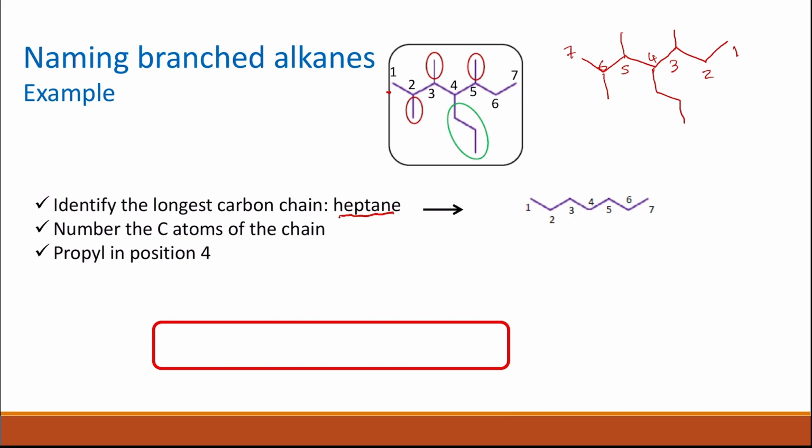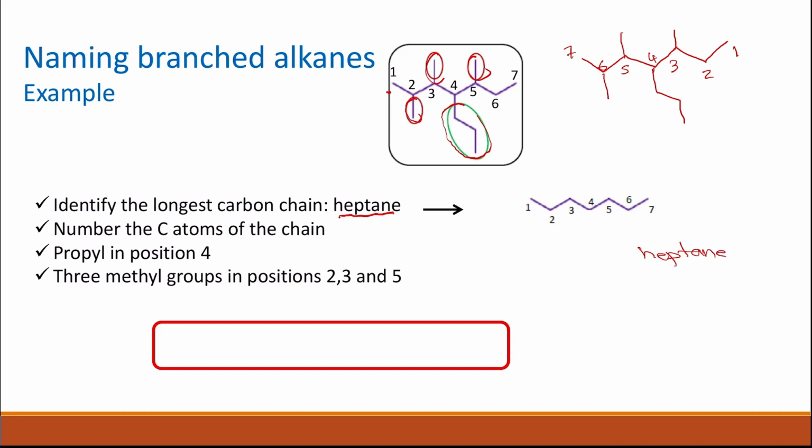So when we named the compound and numbered it from the left, we had a propyl substituent on carbon number 4, and we had three methyl groups on carbons number 2, 3, and 5. So let's name this one first. When we name this one, the root name is going to be heptane.